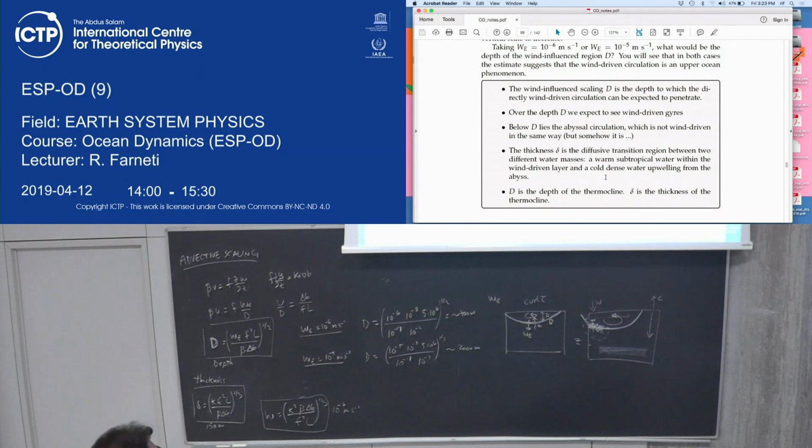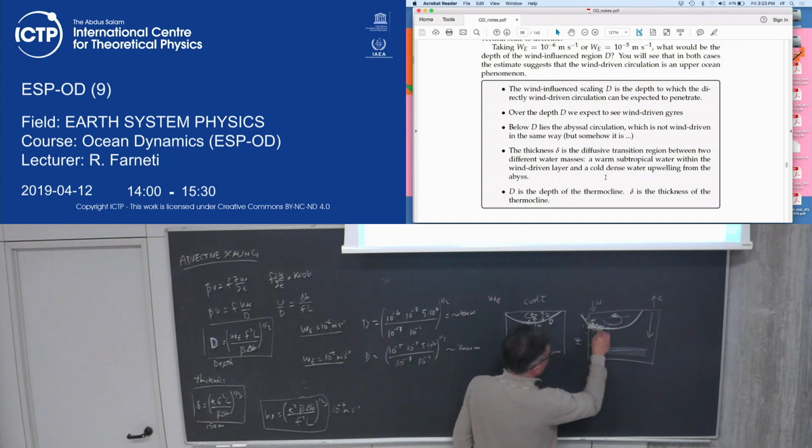The thickness delta, instead, this one, is the diffusive transition region between the two different water masses. So this is my delta. I have the cold water here, I have the warmer water at the surface.